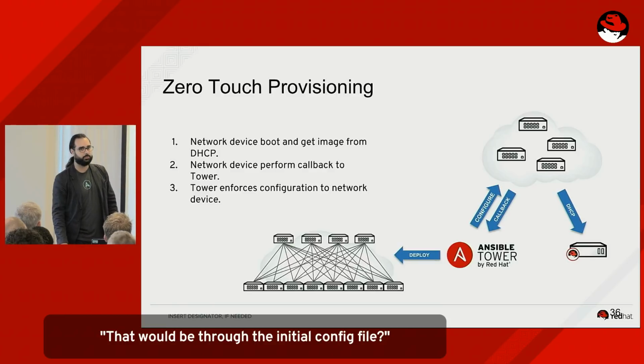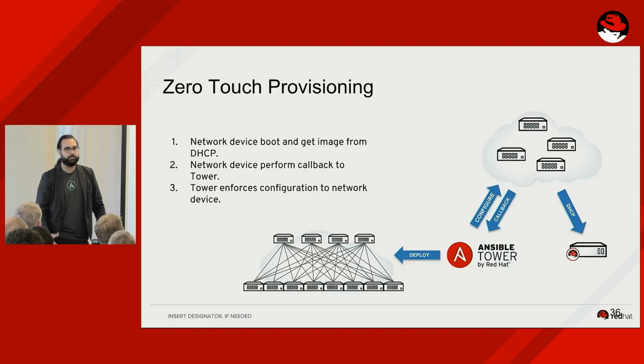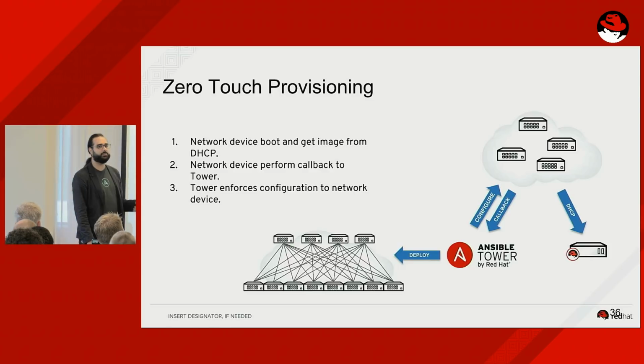That would be through the initial config file pushed by the... It can be your automation and the definitions that you have, it will apply to that device. Let's say that device is in your inventory associated to the leaf group. So it will inherit, you got it.